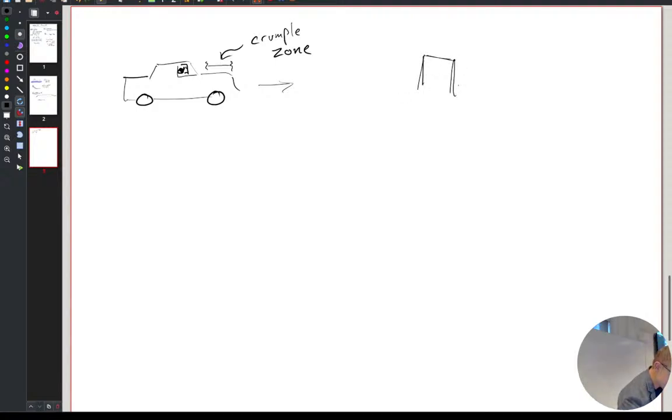But we could ask these two questions about the passenger. A lot of times it's measured in G's, like how many units of 9.81 meters per second. So 1 G is 9.81 meters per second squared.